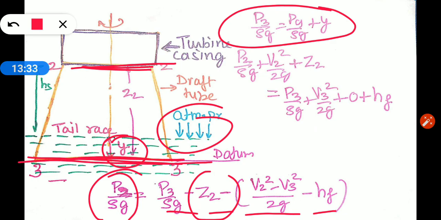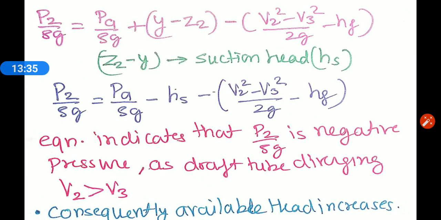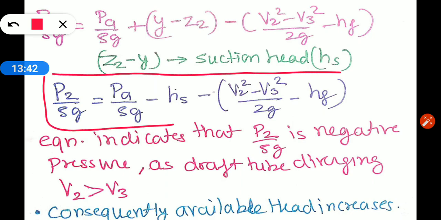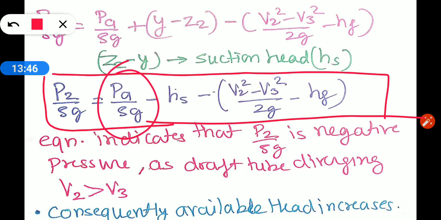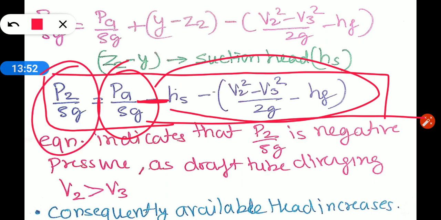When you further simplify it, what you get is that the pressure at the runner exit is less than atmospheric. Just see PA by rho g minus, can you see this minus sign? Minus this much quantity. So the pressure at the runner exit is negative pressure. What is HS?